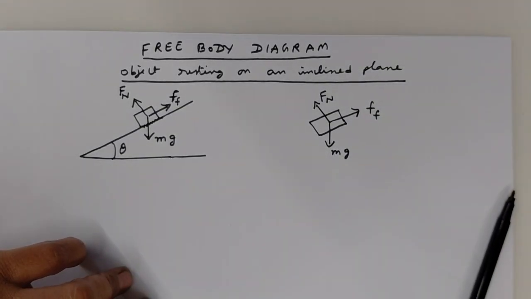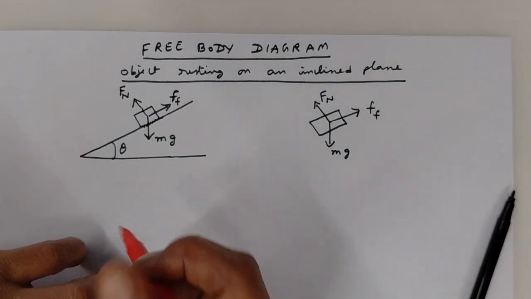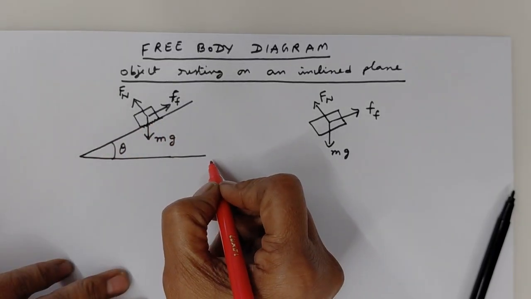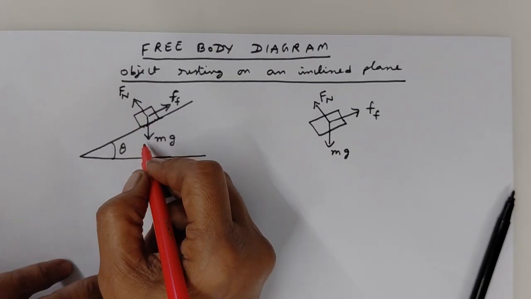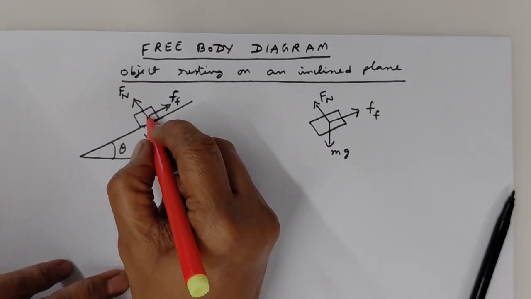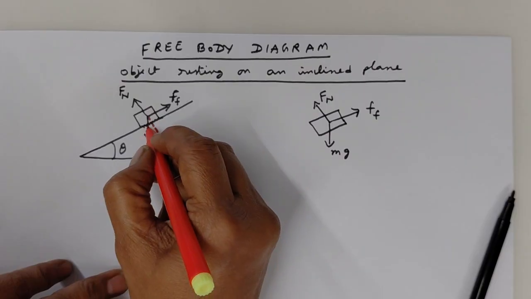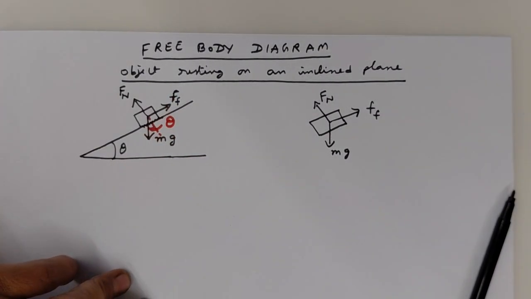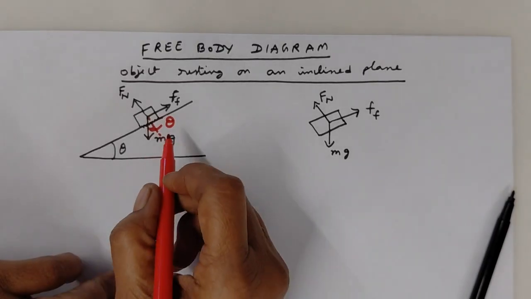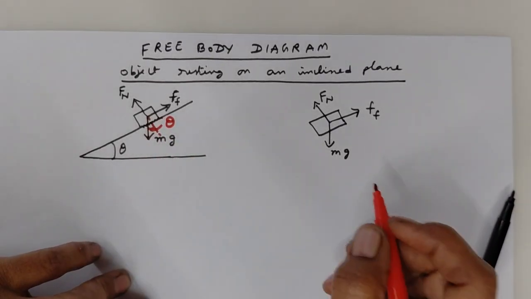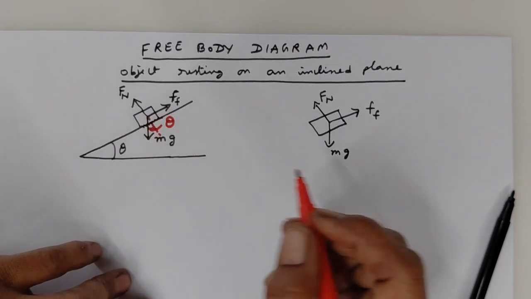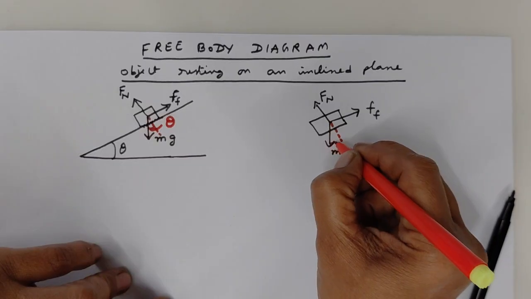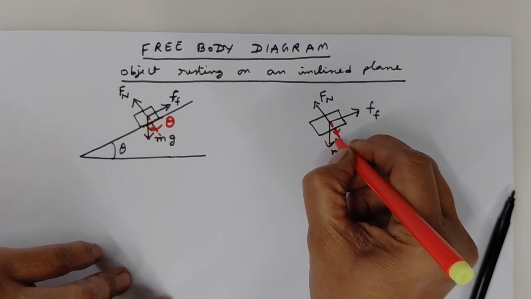So how to resolve it into two components? If you see here, this plane is inclined at an angle theta to the horizontal and this is a vertical force. Therefore, it is making an angle theta to the direction perpendicular to the plane, right? So this is theta. So you can resolve this into two components. One is in this direction, the other one in this direction, like this.